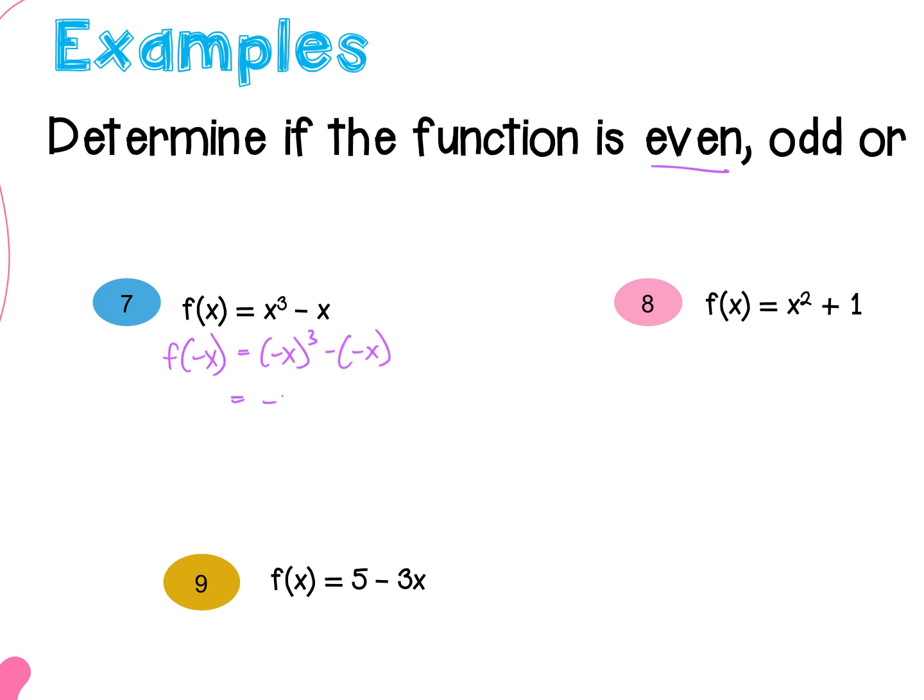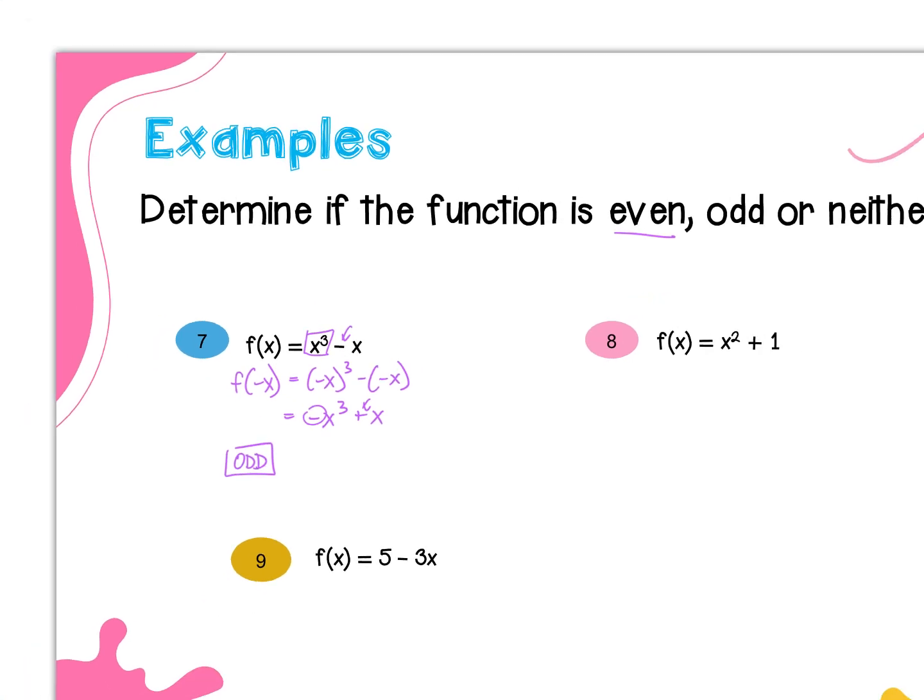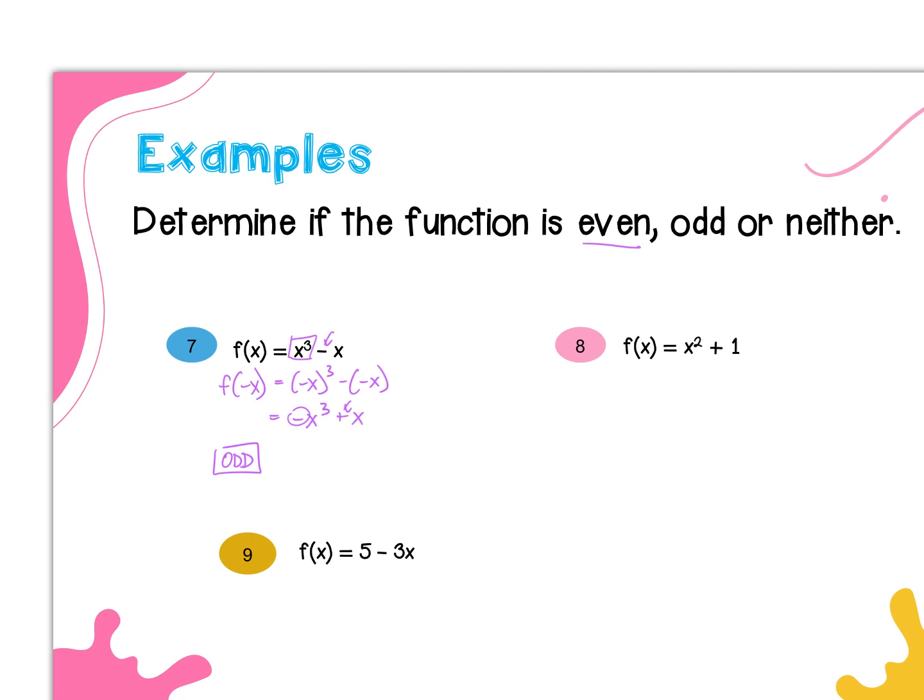When I do that, I get minus x cubed plus x. Notice here that my original x cubed was positive, now it's negative. My original x was negative, now it's positive. All my signs changed. Because of that, I know that this is an odd function, and because it's odd, I know it's going to be symmetric to the origin.